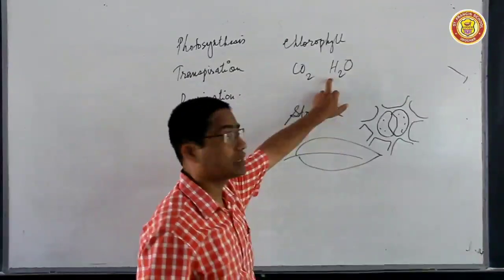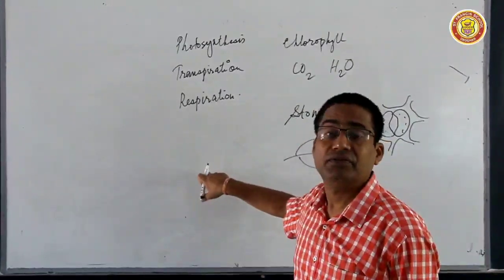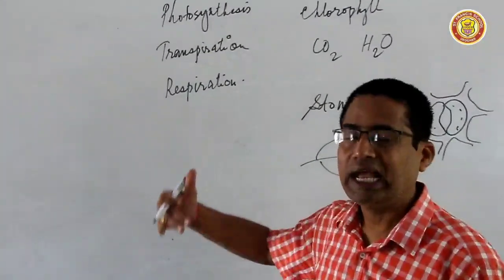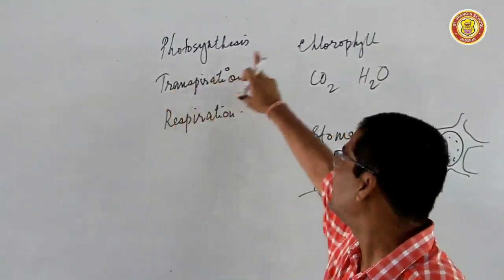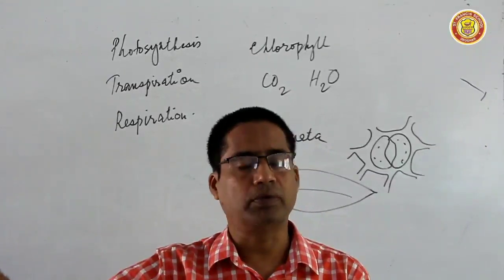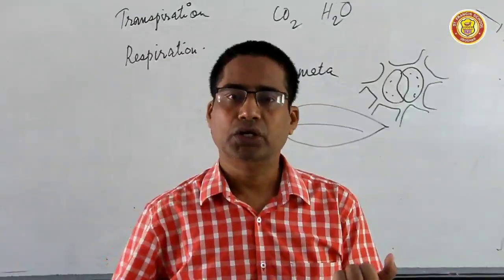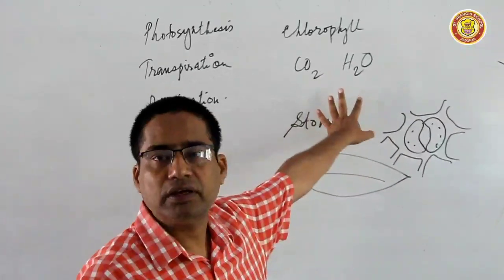And of course water, which is absorbed by the plant from the soil. The roots absorb this water and conduct it through the stem to the leaf. So the leaf has carbon dioxide, which it has absorbed from the atmosphere, and water, which was conducted to the leaf through the stem from the roots. Now these are the two raw materials for photosynthesis.